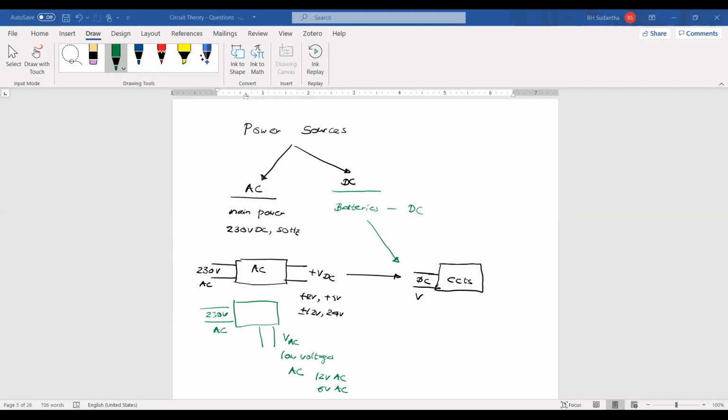This is the module code, isn't it? With this module code I am doing the circuit theory part.